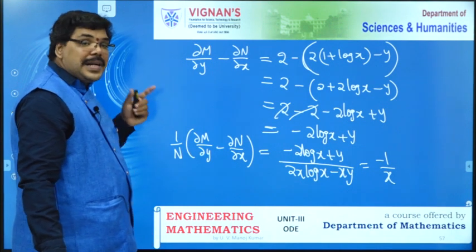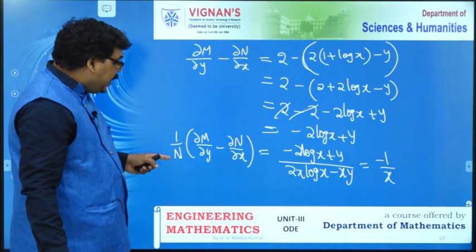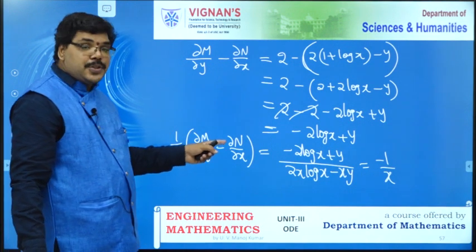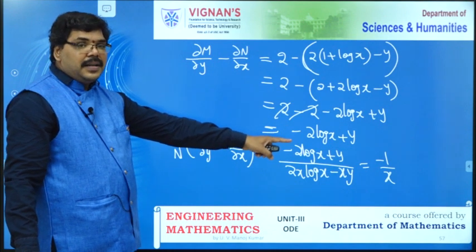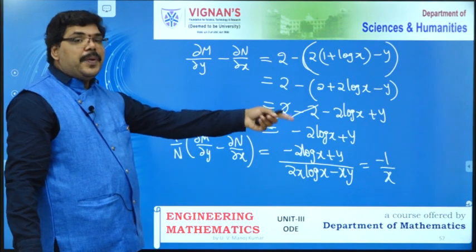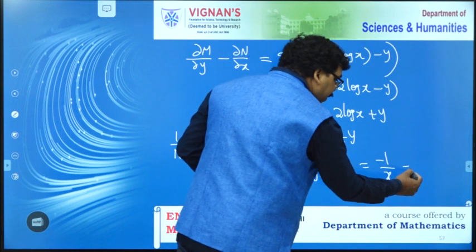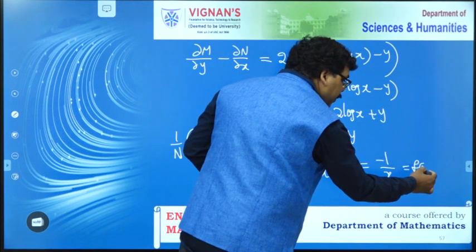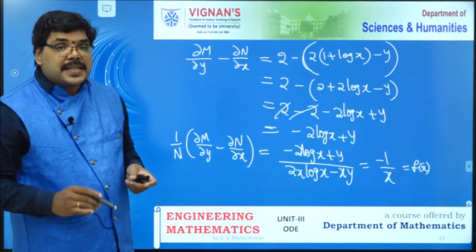So what is the integrating factor now? If 1 by n into dou m by dou y minus dou n by dou x is a function of x, then the integrating factor is e power integral f of x dx. Let us write minus 1 by x as f of x.